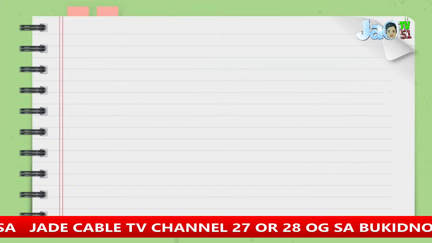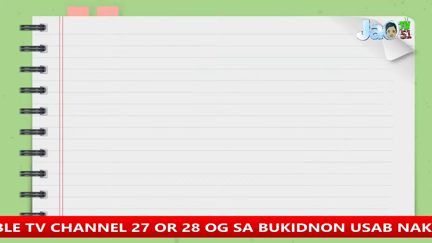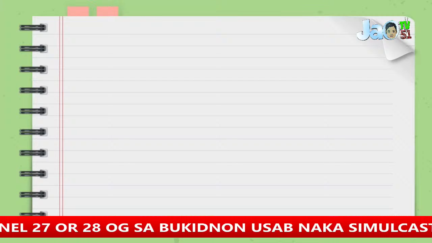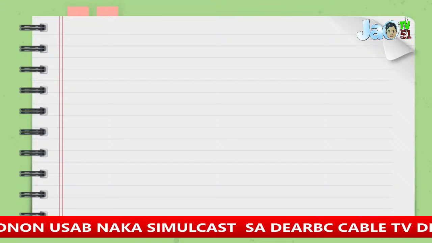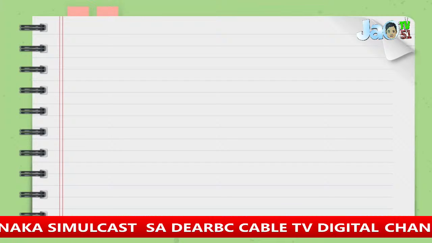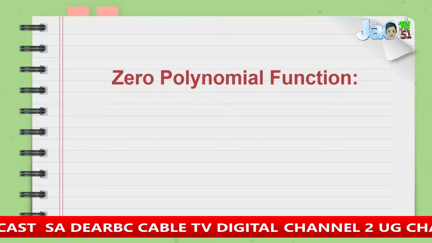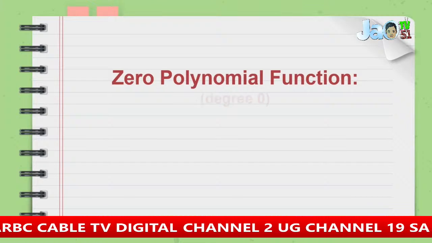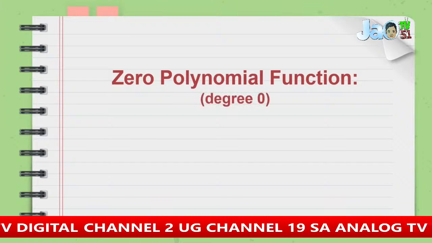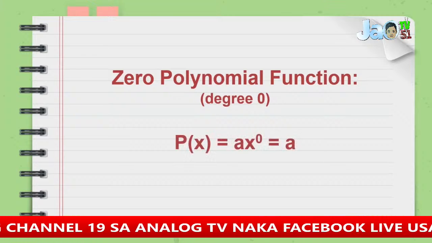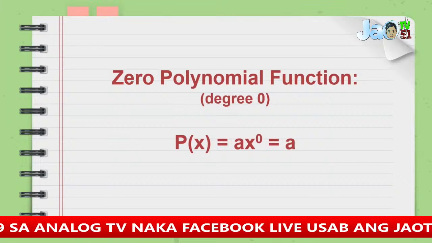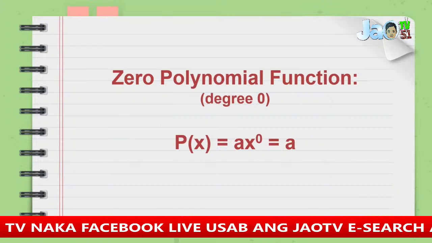There are various types of polynomial functions based on the degree of the polynomial. The most common types are the zero polynomial function with degree 0, that is p of x equals a x to the power of 0, or just a.